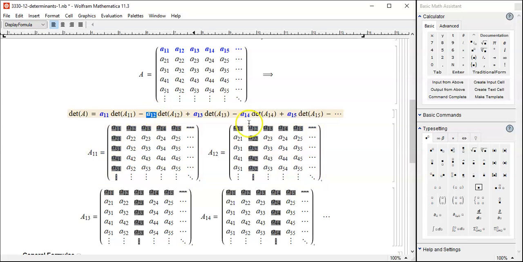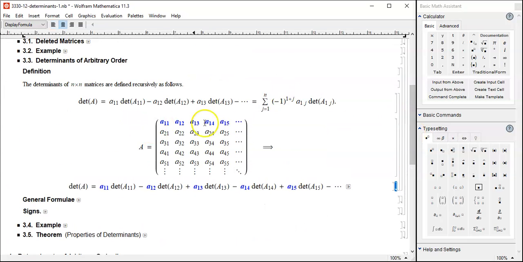Next, a12, this one, and then remove the row and column where this a12 came from. So remove first row, second column. What's left is a deleted matrix A12 and that determinant. Similarly, a13, a14, and so on and so forth. Just following the first row.